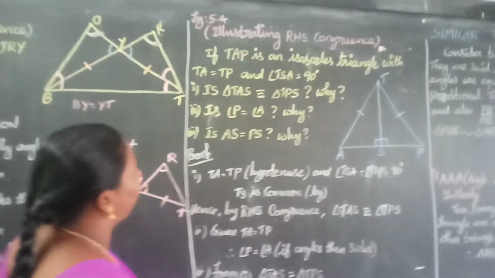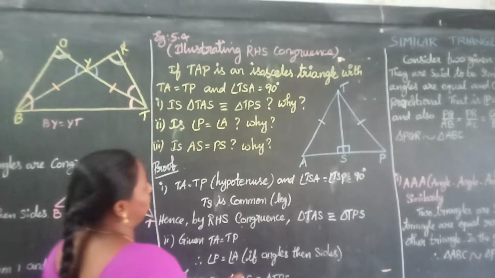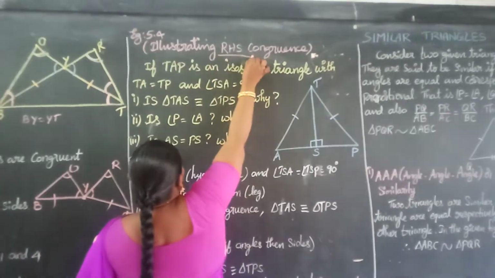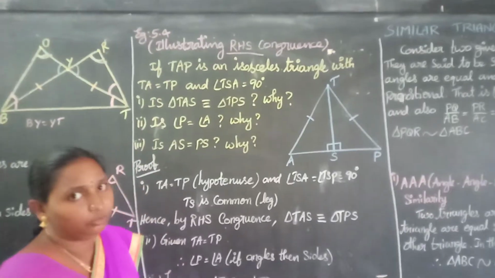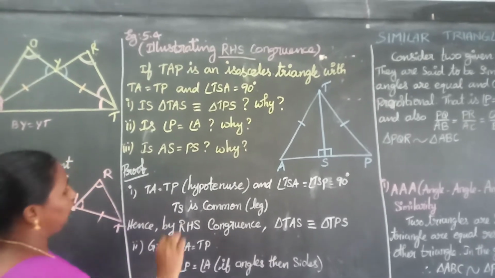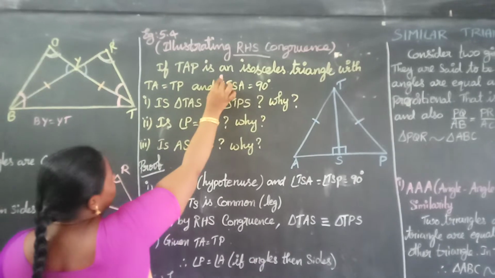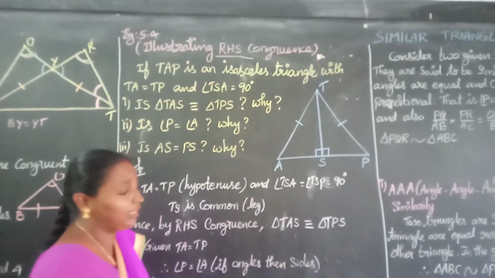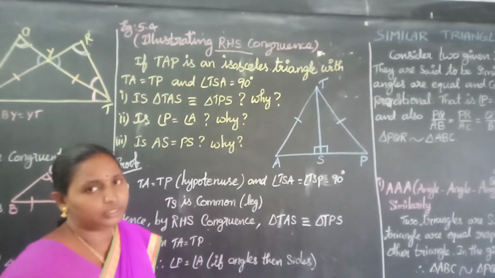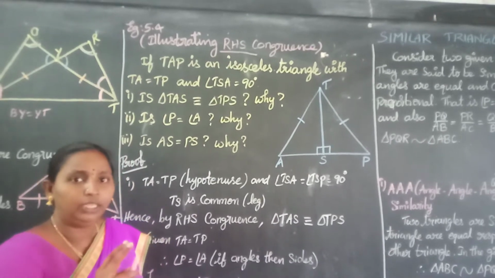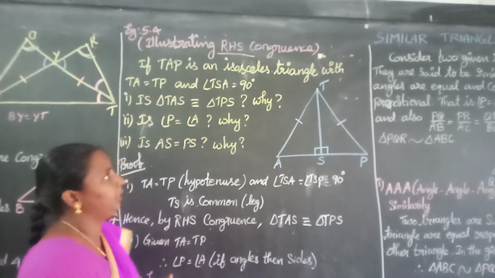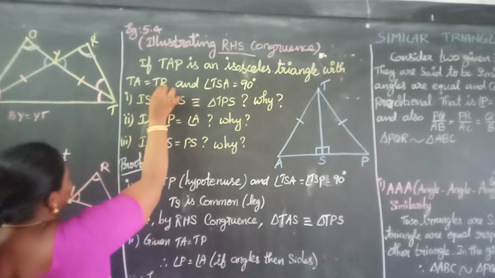Example 5.4, illustrating RHS. RHS means what? Right angle, hypotenuse, side congruence. That is what we are going to take in this example. If TAB is an isosceles triangle, what is meant by an isosceles triangle? Two sides should be equal and one side different, with TA equal to TP.